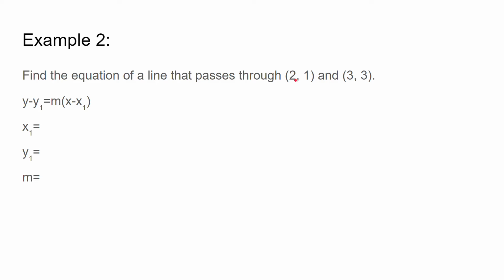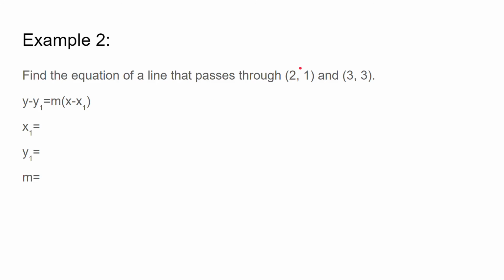So we can have x1 be 2 and y1 be 1, or we can have x1 be 3 and y1 be 3, but we cannot have something like x1 be 2 and y1 be 3, because they're from different points.